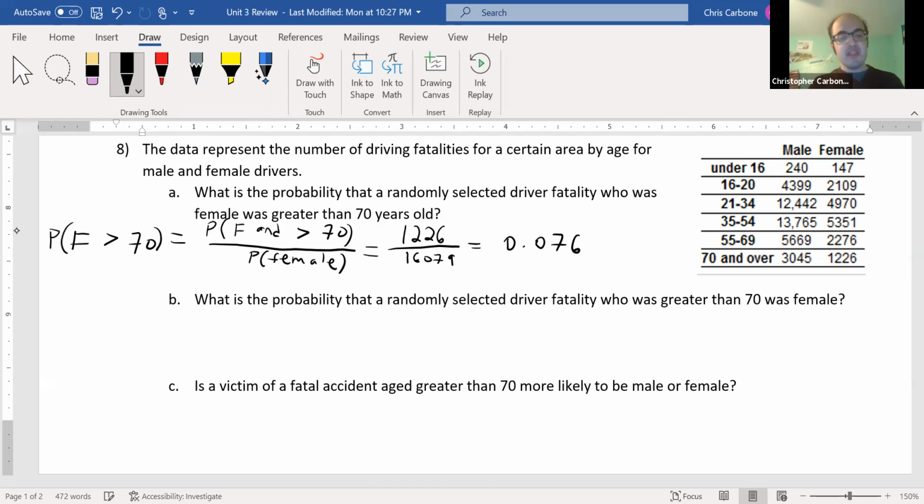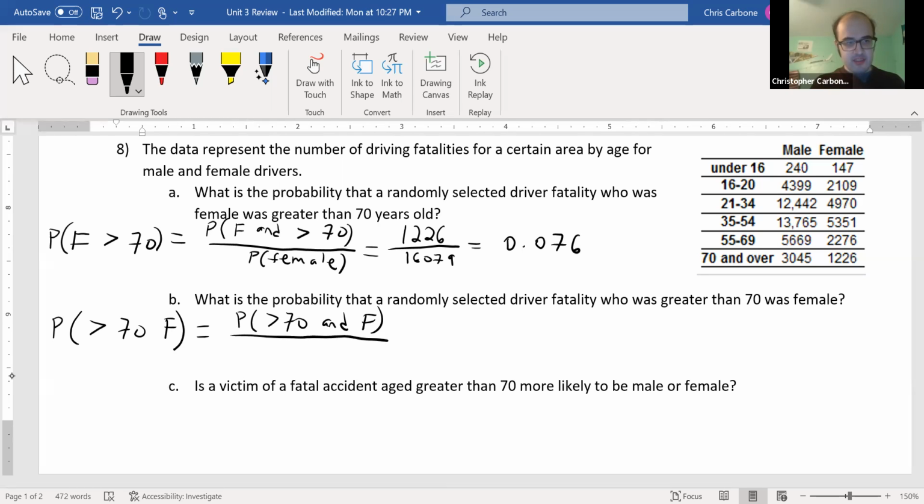For part B, what is the probability that a randomly selected driver fatality who was greater than 70 was female? So this would be greater than 70 and a female. This is going to be, again, the probability of being greater than 70 and female.